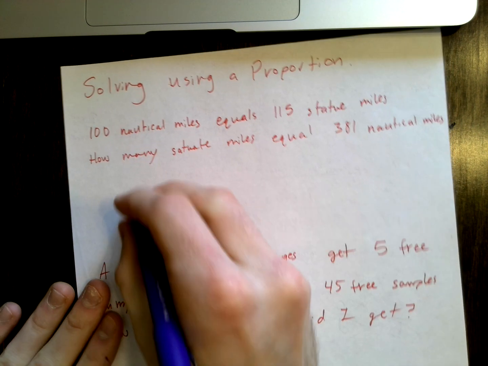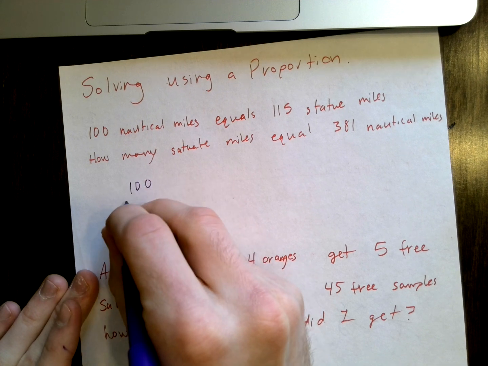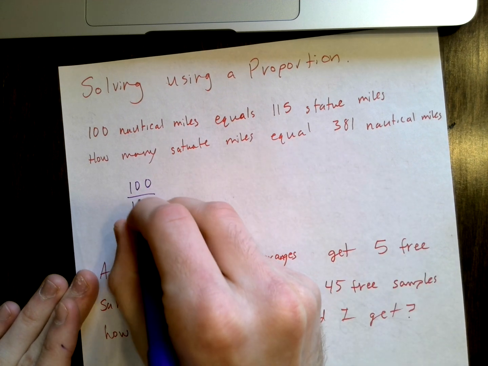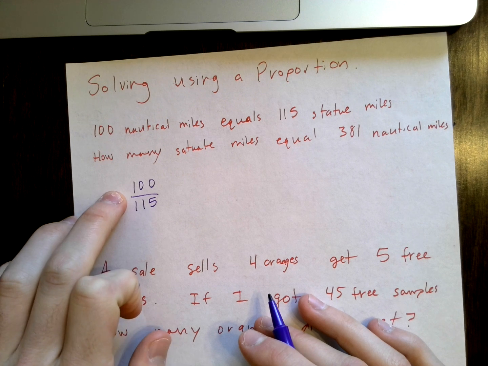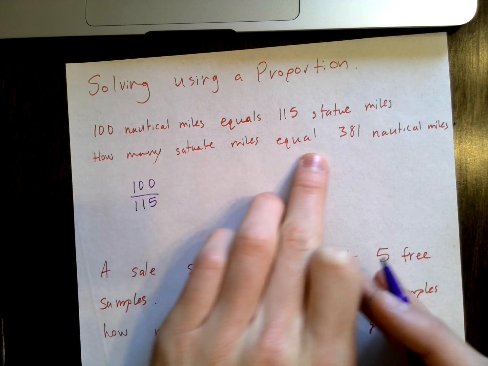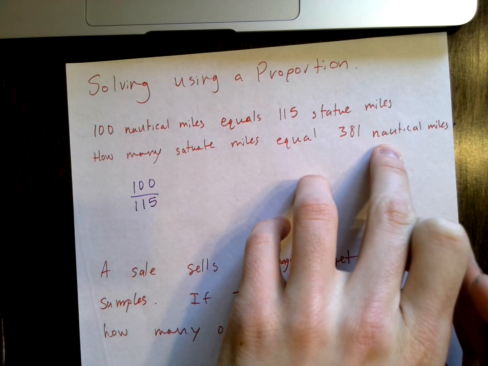They tell us 100 nautical miles equals 115 statute miles. That's my ratio. 100 nautical miles is the same as 115 statute miles, so I set that up as a ratio right here. How many statute miles equals 381 nautical miles?